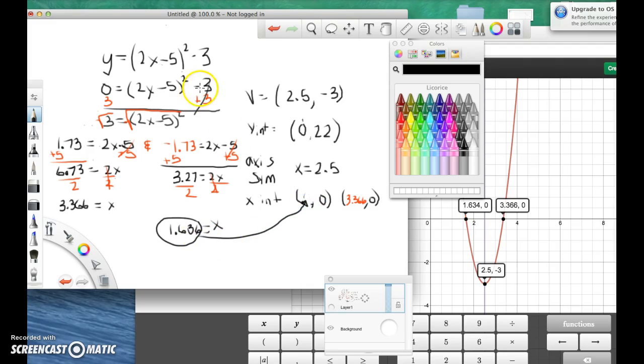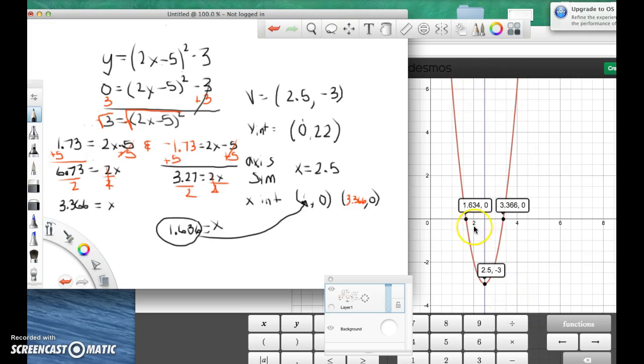Alright guys, so this is the challenge of how to get the x-intercept of a, what's it called? Vertex form. Notice how Desmos does it all for you. Of course, we can't use this on a test because that'd be no challenge.